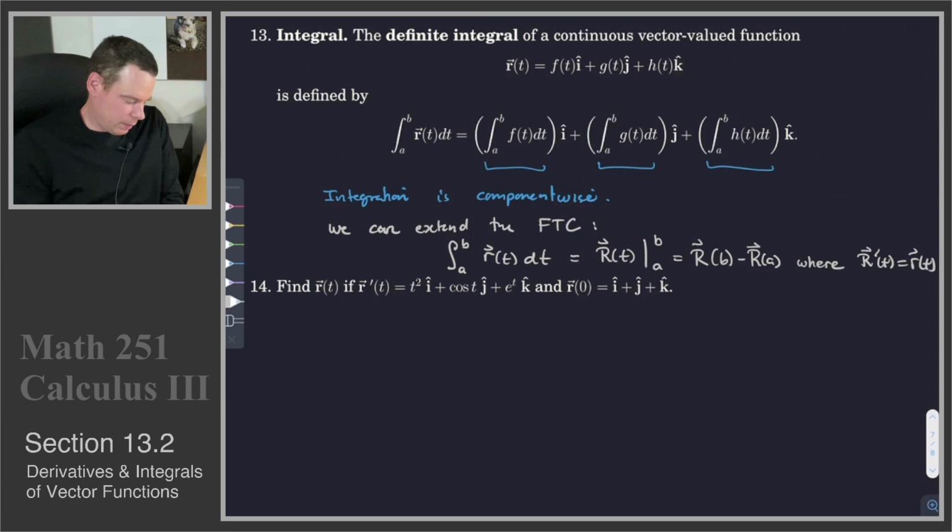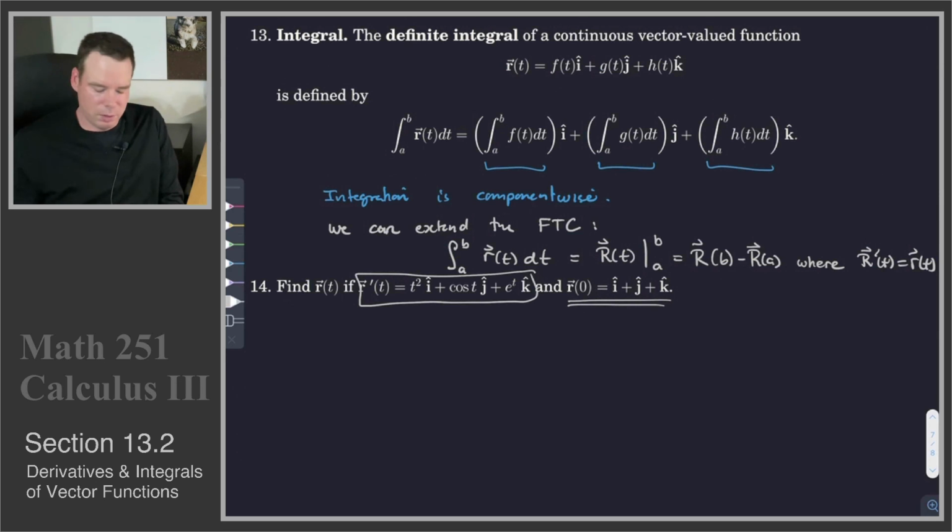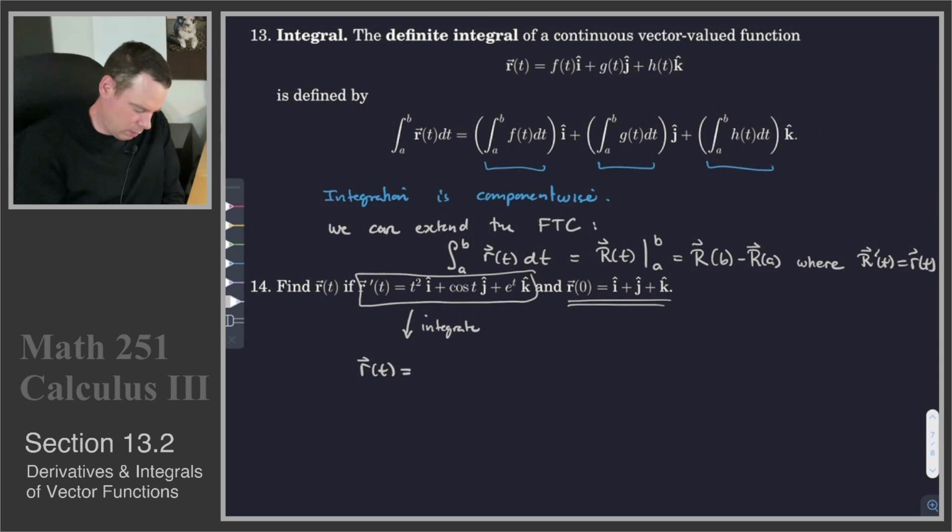So let's have a look at an example. We want to find the vector function r of t where r prime of t has these components, and also r has that initial condition, that r of 0 is 1, 1, 1. So from this, we can just integrate term by term. And we get that r of t is equal to the antiderivative of t squared is 1/3 t cubed.